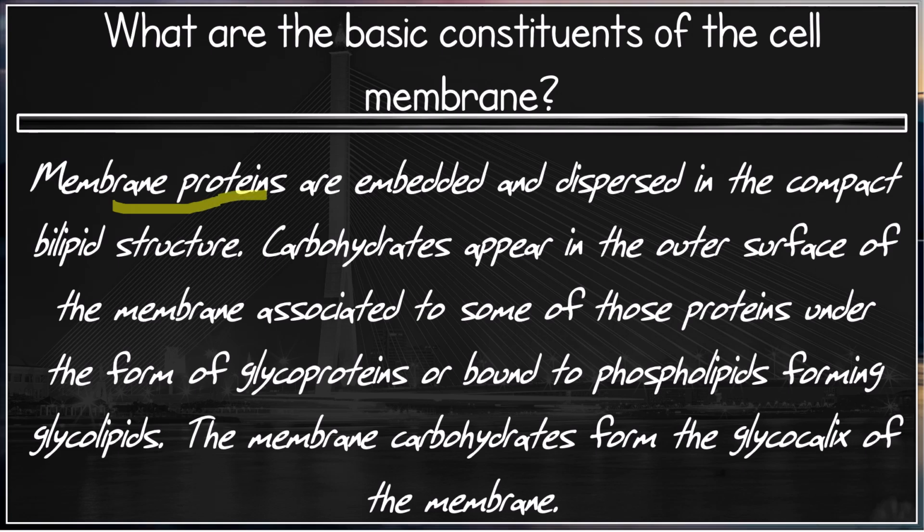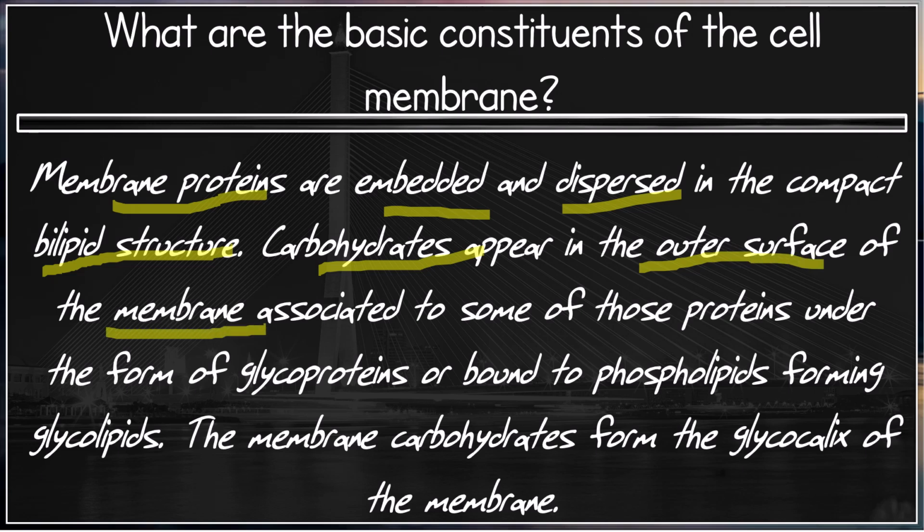Membrane proteins are embedded and dispersed in the compound bilipid structure. Carbohydrates appear on the outer surface of the membrane, associated with some of those proteins in the form of glycoproteins or bound to the phospholipid, forming glycolipids.